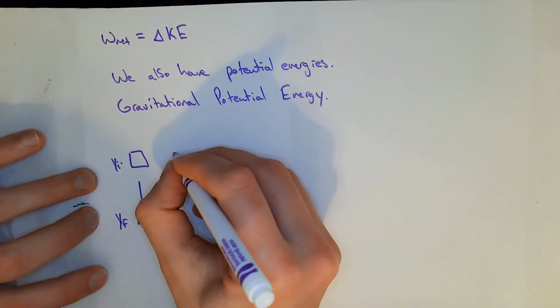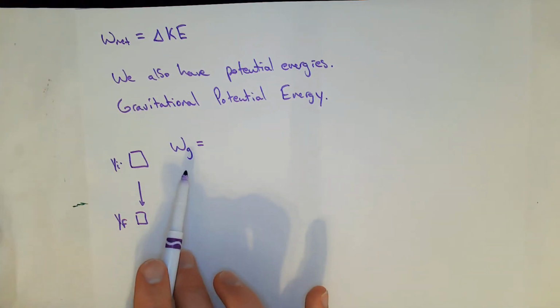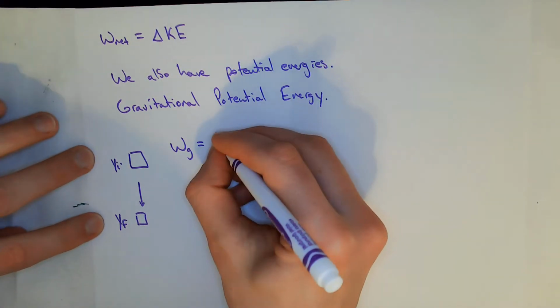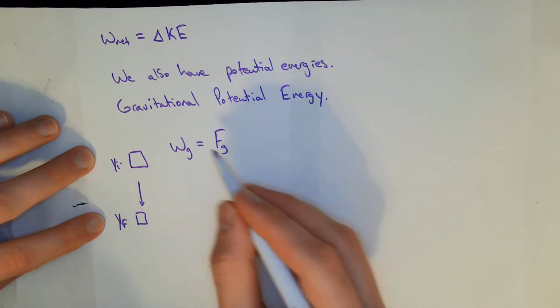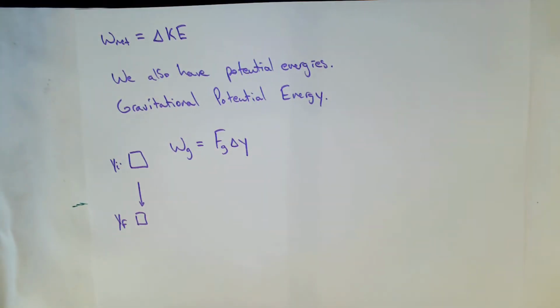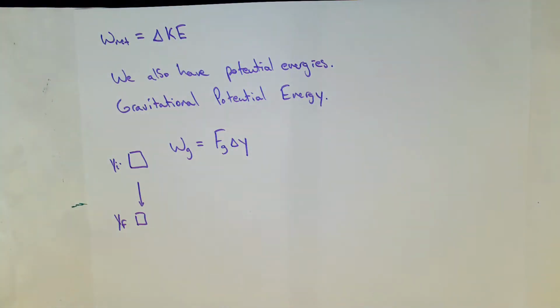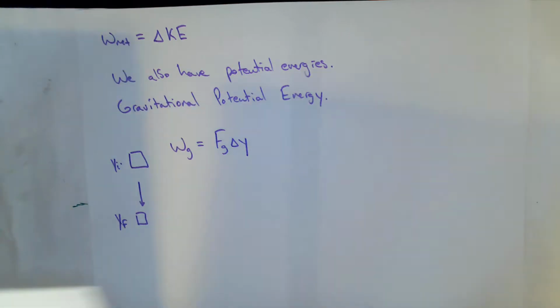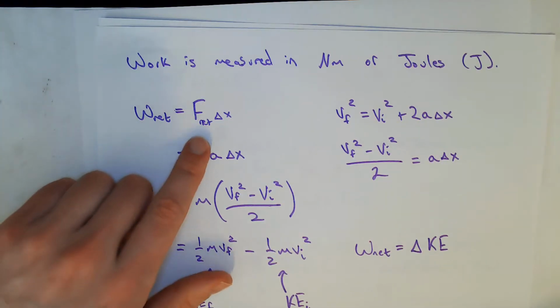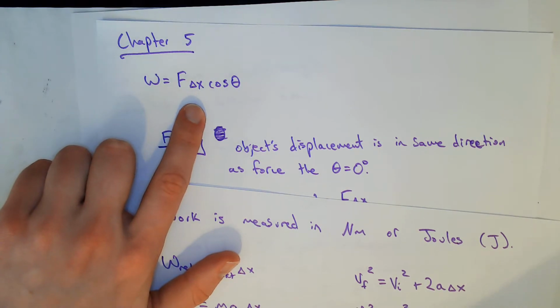The work due to gravity, so I'll just subscript that W with a g, should be equal to the force due to gravity, F sub g, times delta y. I'm using delta y here instead of delta x just because it's a vertical movement instead of horizontal. But it's still the same idea that work is equal to force times displacement.